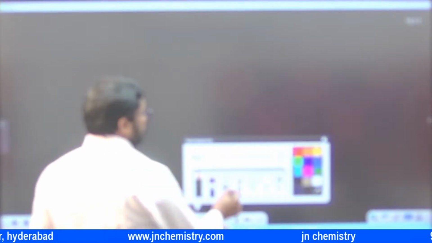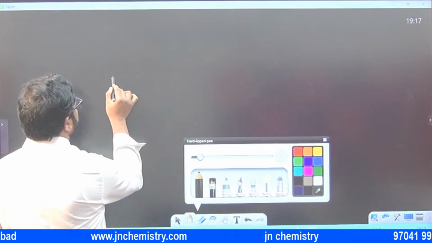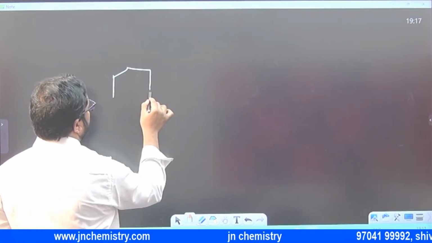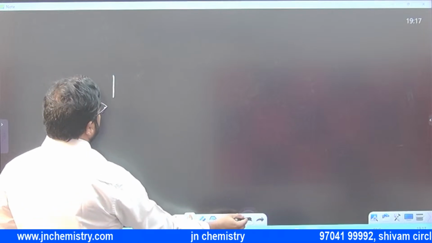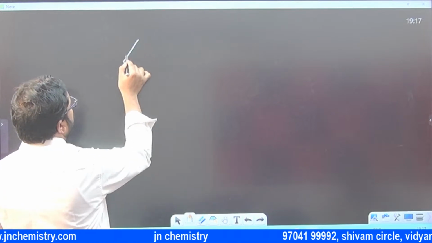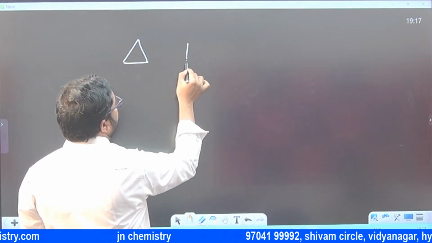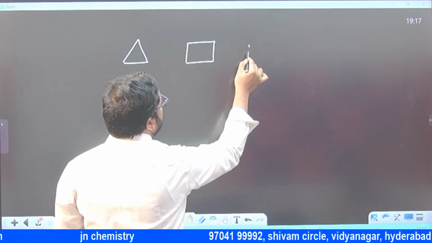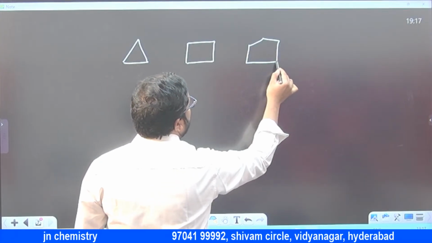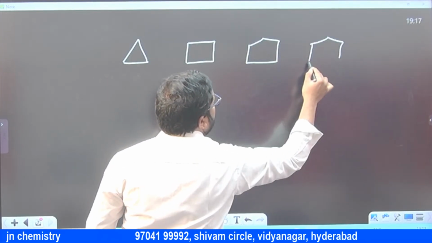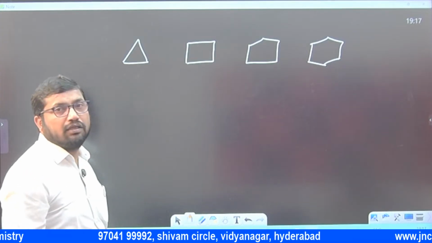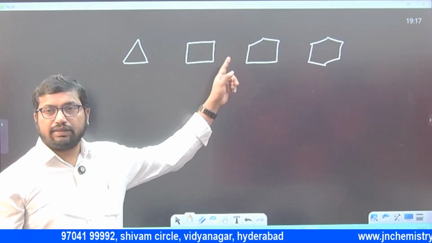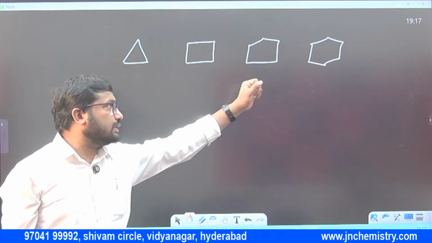The mechanism is like this, okay? So rings, cyclopropane is there, cyclobutane, cyclopentane, cyclohexane.